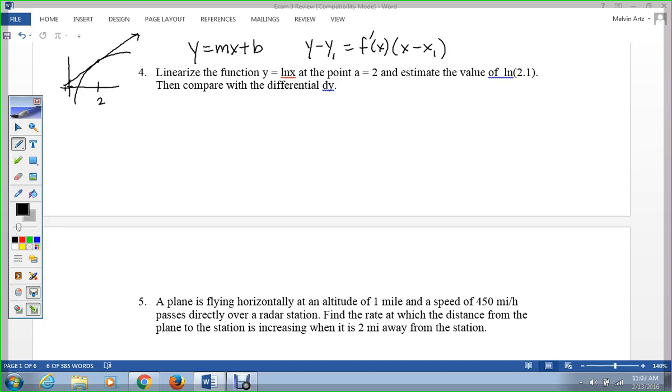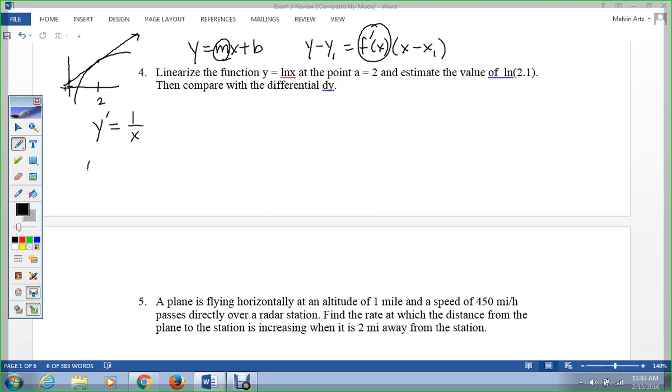So we need to find this m in this equation, which is the same as the slope of the tangent line. So let's find the slope of the tangent line first of all. So we're trying to find y prime. The derivative of the natural log is 1 over x.